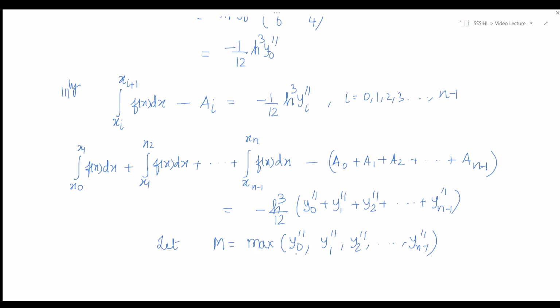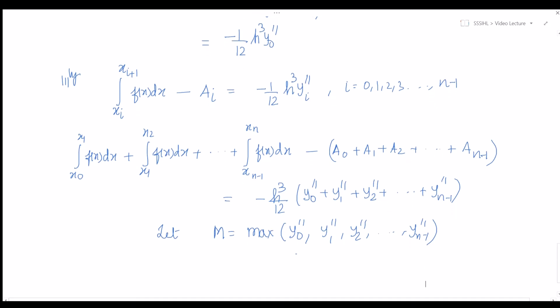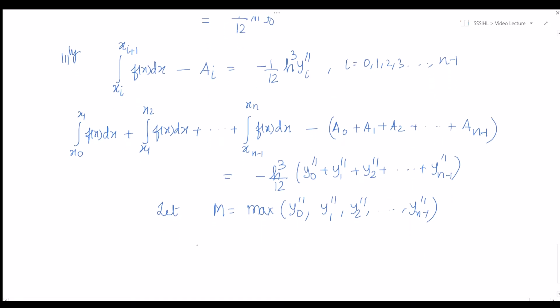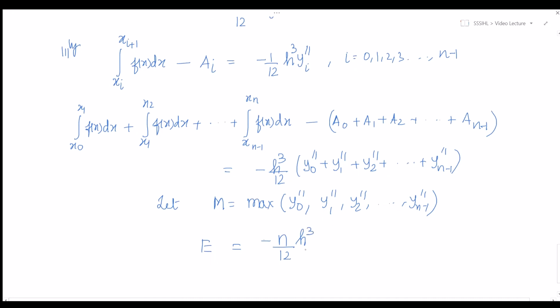So the error, the actual value minus the value obtained by the trapezoidal rule, is minus n by 12 into h cube M. This n is nothing but (b minus a) by h.